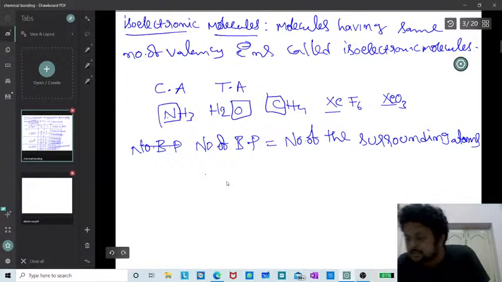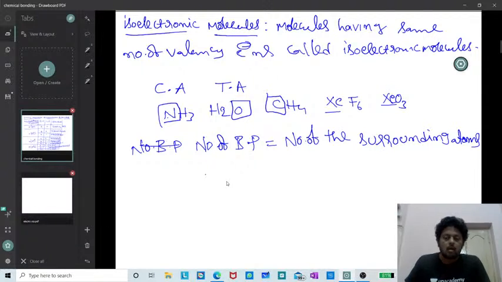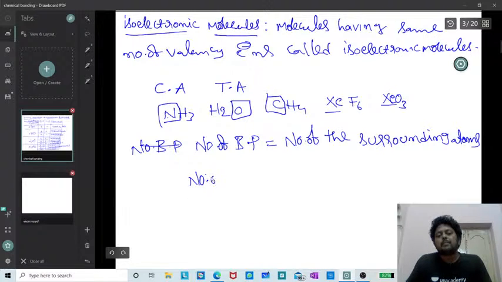Next, the number of lone pairs. This is very important. The number of lone pairs is equal to half into the valency electrons of the central atom.